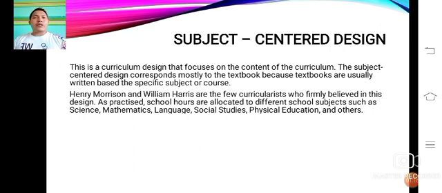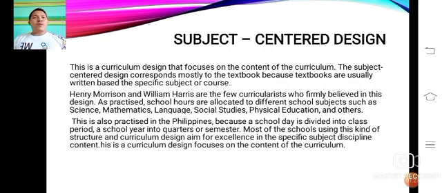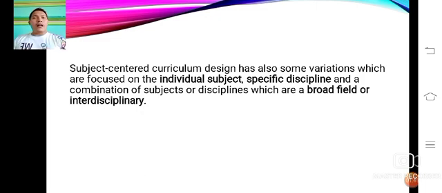As a practice, school hours are allocated to different school subjects such as science, mathematics, language, social science, physical education, and others. As I mentioned earlier, we already engage in this subject-centered design. It also has some variations: the individual subject, the specific discipline, and the combination of subjects or disciplines, which are the broad field or the interdisciplinary.